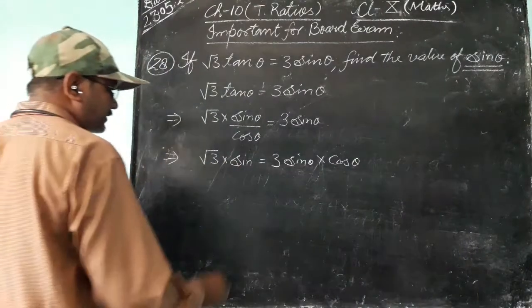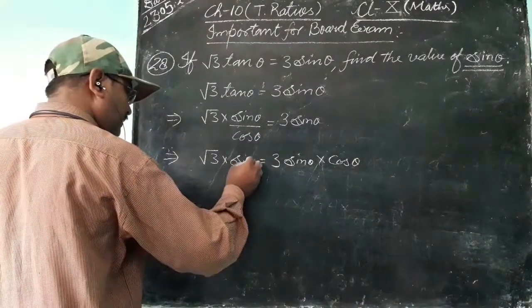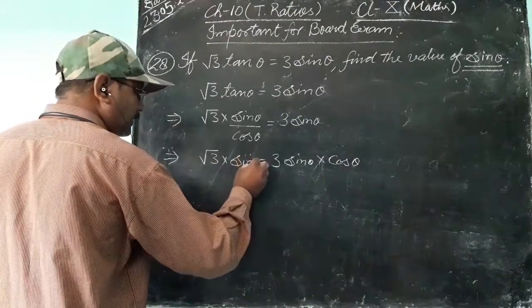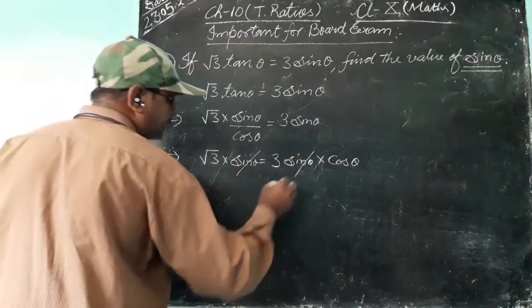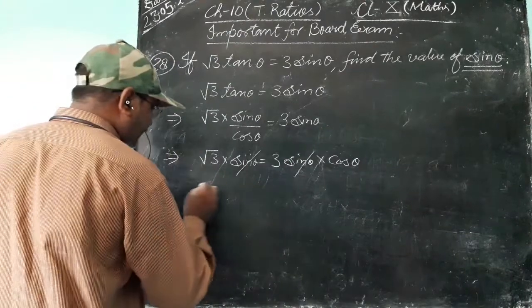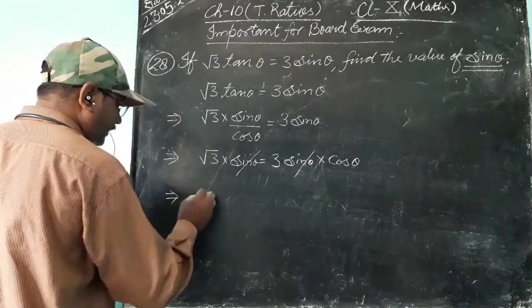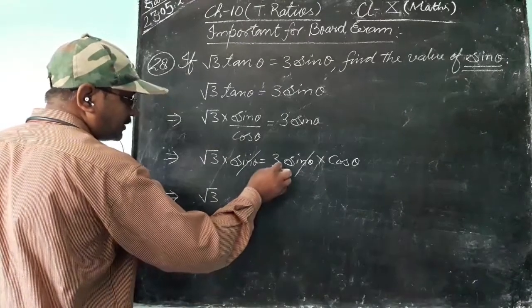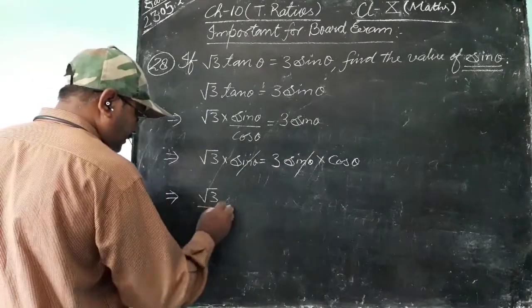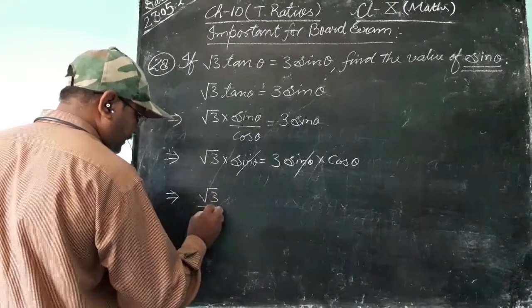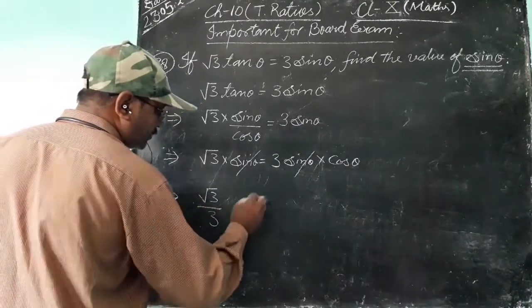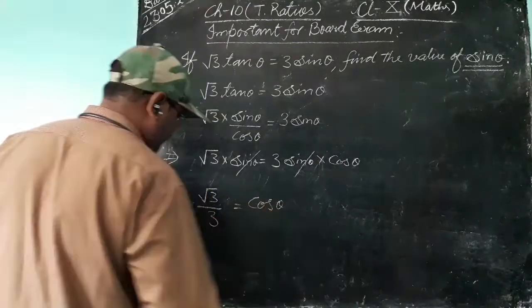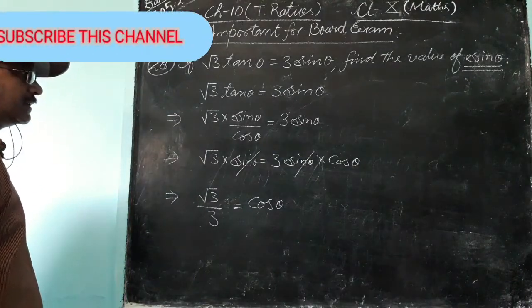Now you cancel sin theta. Finally you get root 3 is equal to 3 cos theta. Yes, students.